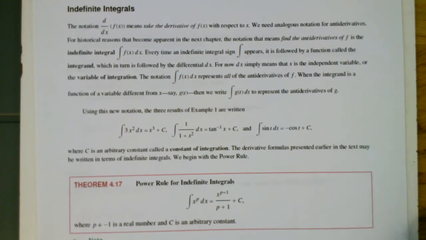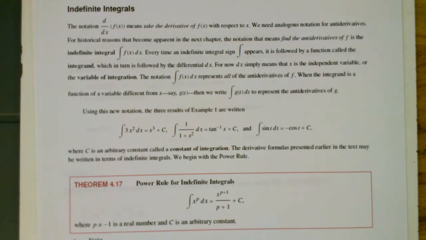Now, the notation that the derivative with respect to x of f of x means take the derivative of f of x with respect to x. Now we're going to need analogous notation for antiderivatives, for historical reasons that become apparent in chapter 5.